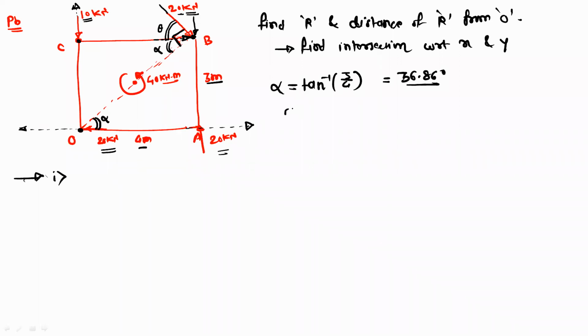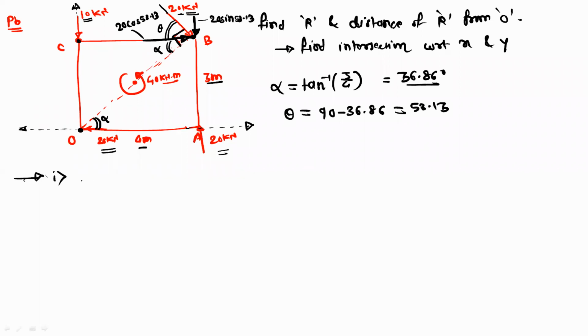So theta is equal to 90 minus 36.86, so it is 53.13. Now you can find out the x component and the y component. The x component is equal to 20 cos 53.13, and the y component will be 20 sine 53.13.